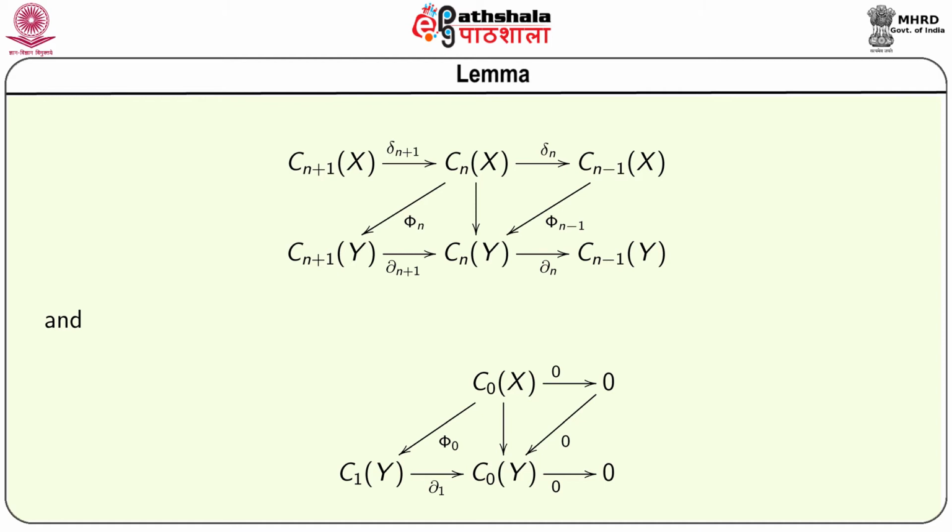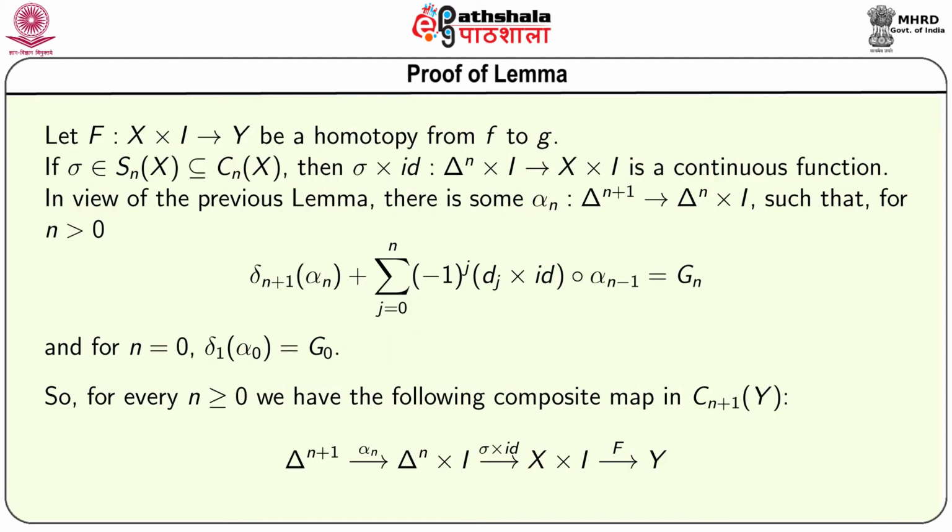So, we will get that delta 1 composed phi 0 is equal to the difference of the functions C0 g minus C0 f from C0 x to C0 y. Let us try to prove this lemma. Suppose capital F is a homotopy from f to g.